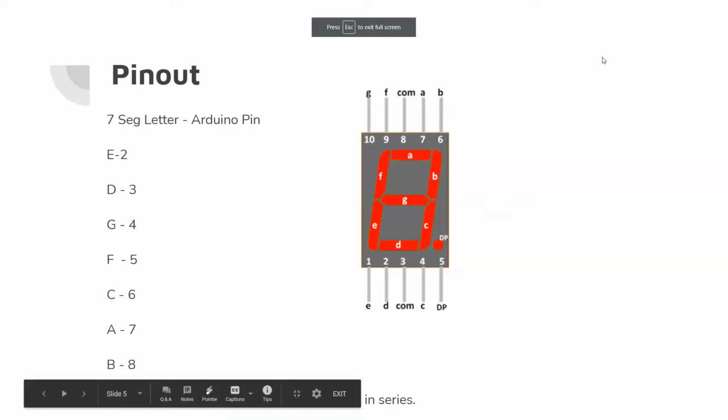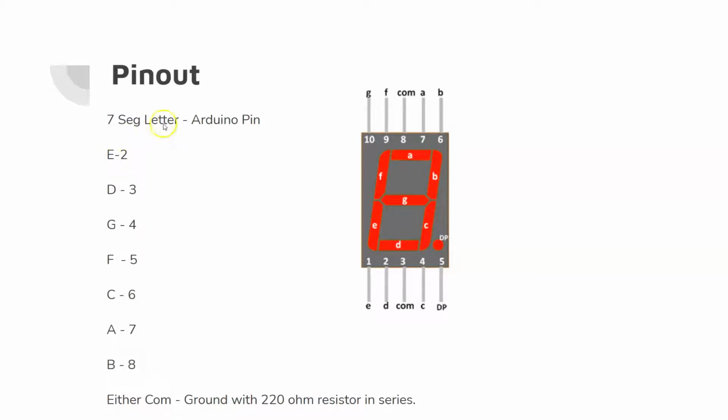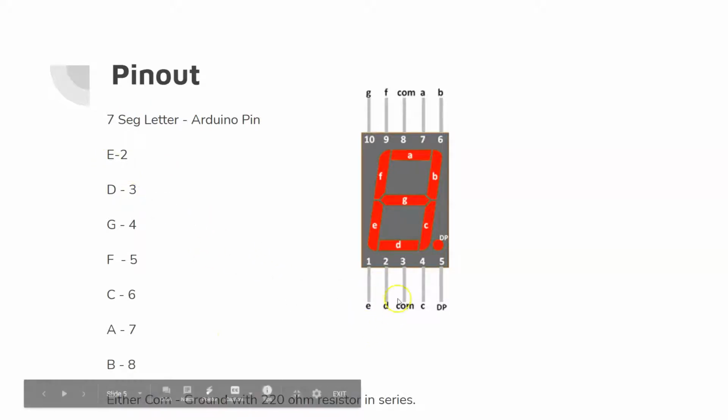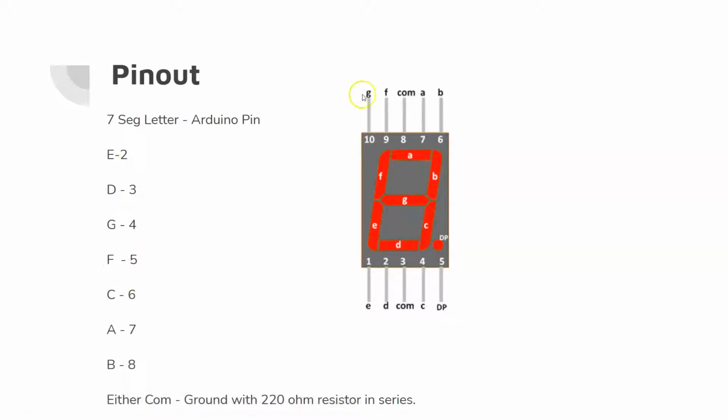Okay, so let's take a look at the pinout here. First of all, to the left of the hyphen here is the 7-segment letter, like letter E, letter D, letter G, letter F. Then on the right is the Arduino digital pin that we're going to be connecting these things to.